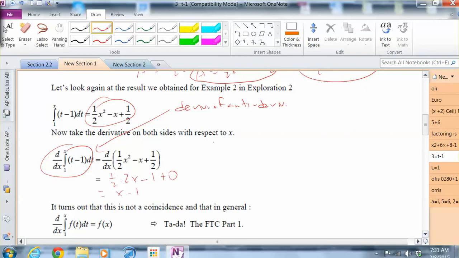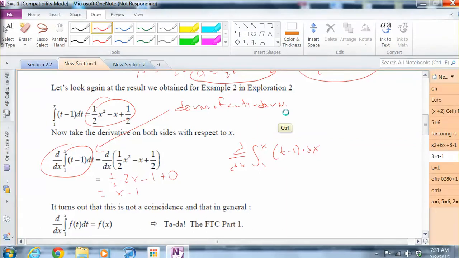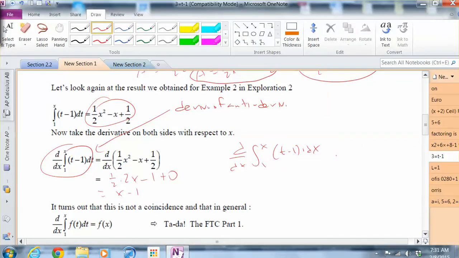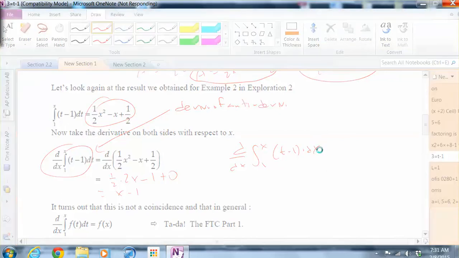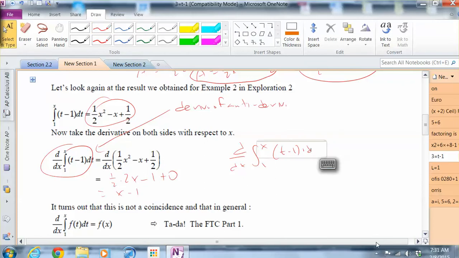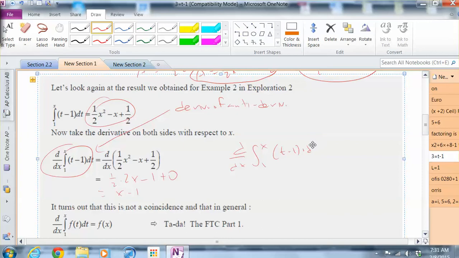So that's interesting. It seems as if I take the derivative of the antiderivative, oops, sorry, I should write t. Okay, I'll just erase that. Okay, I'm still recording. I was getting a little worried there. My computer froze up for a bit. Perfect.